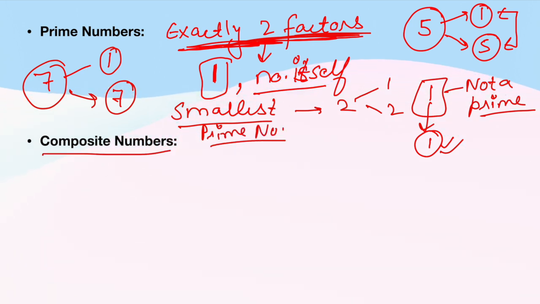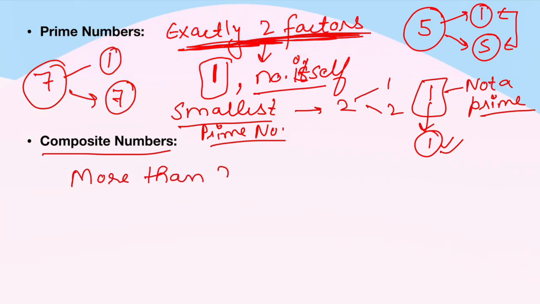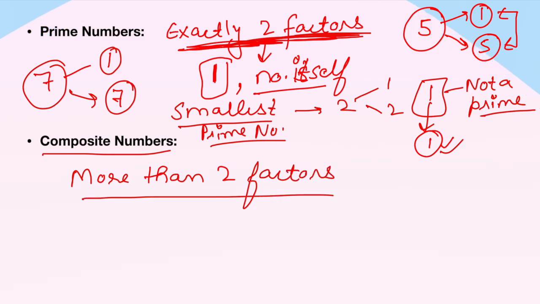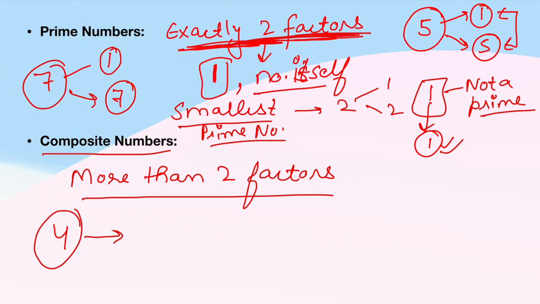Okay. Composite numbers means numbers which have more than two factors, means more than two numbers can divide them. For example, suppose I ask you about 4, right? So how many factors does 4 have? How many numbers can divide 4? 1 can divide 4, 4 can divide 4, and 2 can divide 4, right?